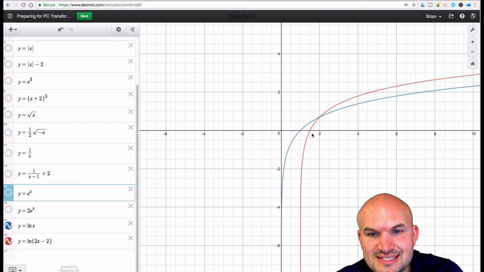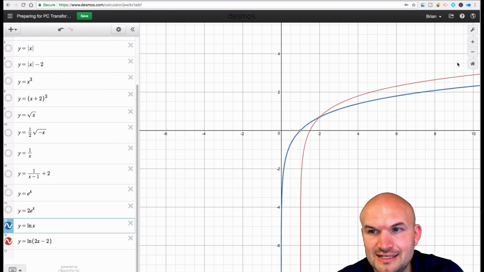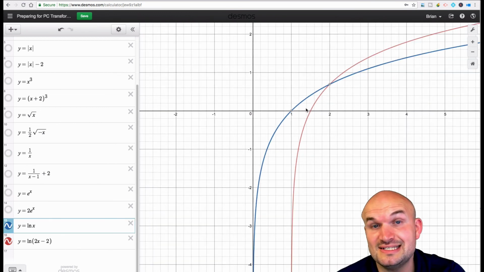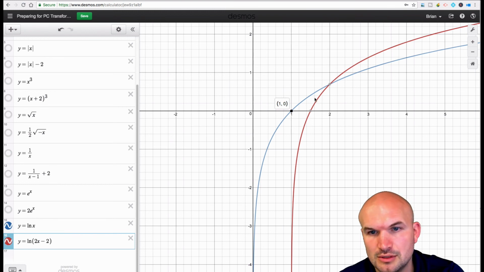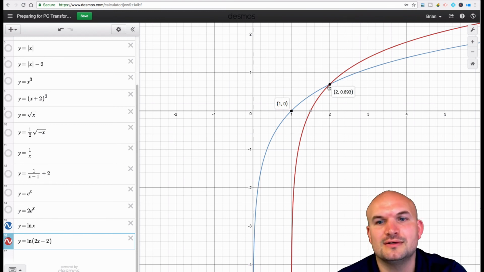And now you can see that the graph is indeed, let's zoom in here. You can see indeed that the graph is only being shifted over, oh, I forgot I got shifted up 1. There's the same point.